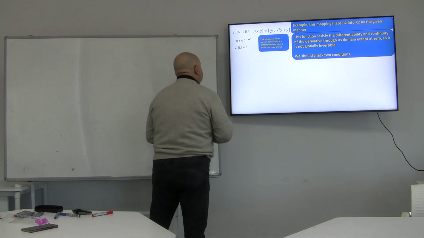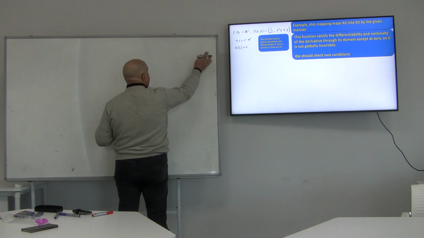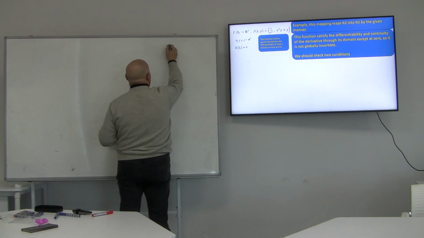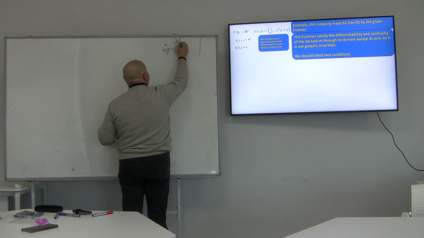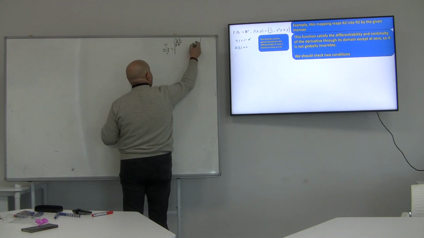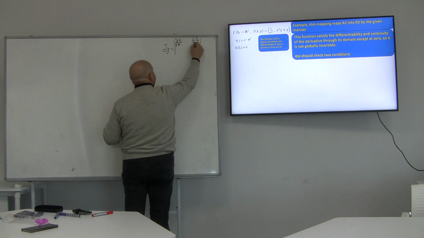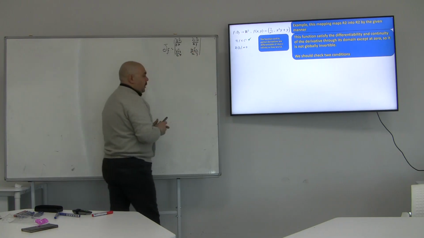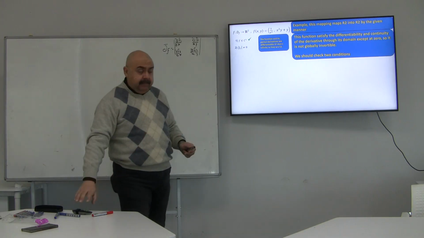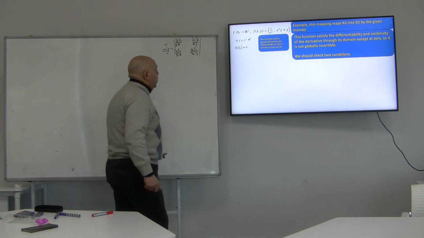So all I have to do now is to get the Jacobian of f. The Jacobian of f is going to be partial f1 partial x, partial f1 partial y, and partial f2 partial x, partial f2 partial y. All I have to do is simply start differentiating as I told you.